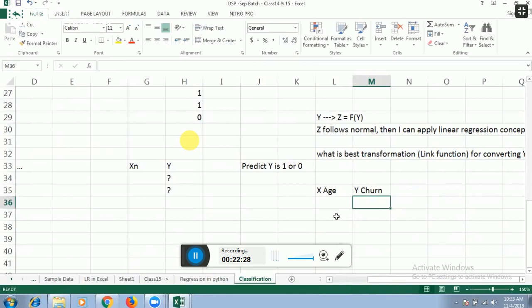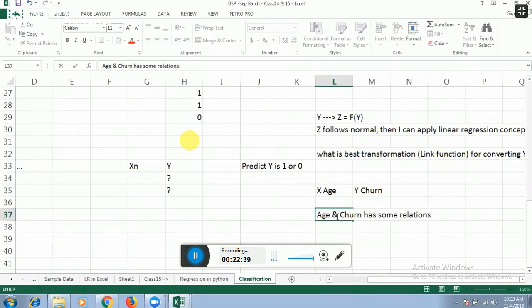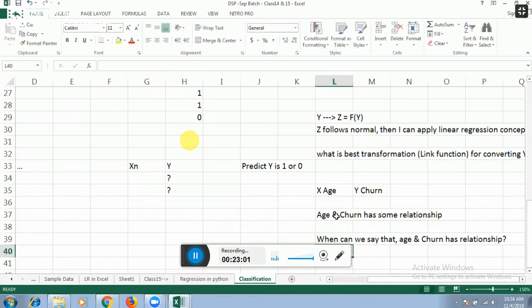From an exploratory analysis perspective, I'm saying that age and churn have some relationship. So when can we say that age and churn have a relationship? Age is a continuous variable, churn is a categorical variable. Now when can we say that these two variables are related?